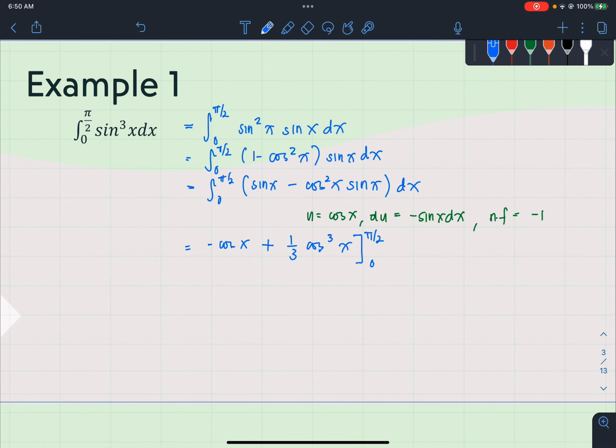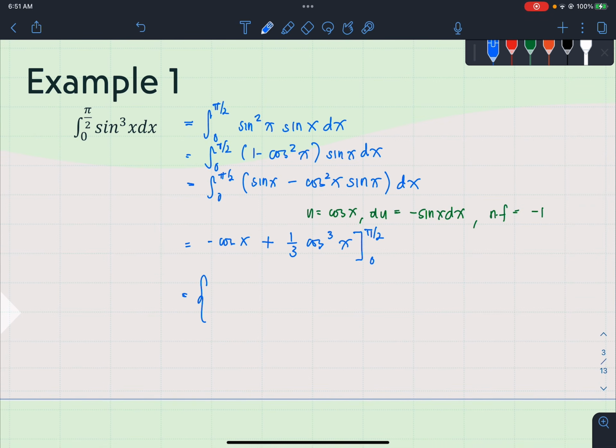And then we substitute. So how do we substitute? So we substitute x first, or we substitute the upper boundary to x first, then minus the lower boundary. So upper boundary, I'll start with the upper boundary, which is negative cosine, our x is pi all over 2, and then plus 1/3, cosine x cubed, so that will be the same as cosine pi all over 2, then raise it to 3.